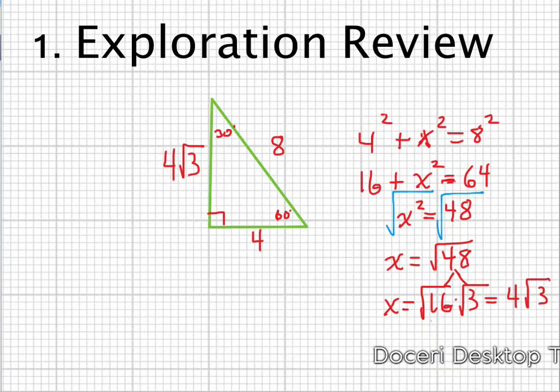Notice any patterns here. You should notice that we have a 4 here, a 4 here, and an 8 here. But this 8 is really 2 times 4. So I really have a 4 in each one. So if I replace 4 with x, that's your pattern.